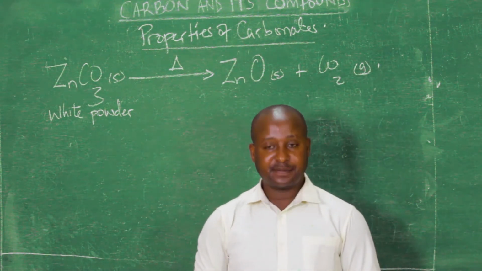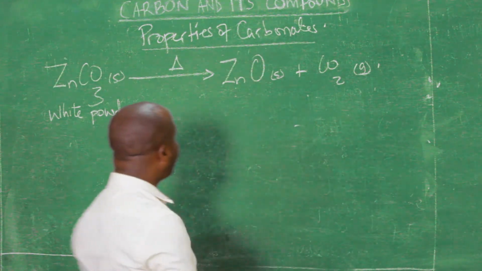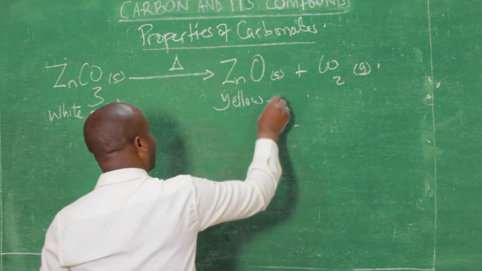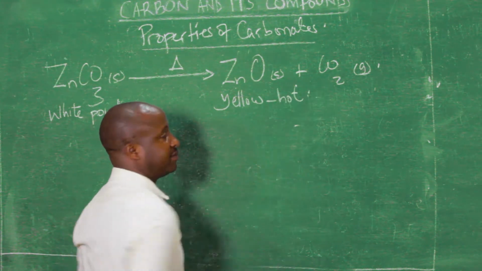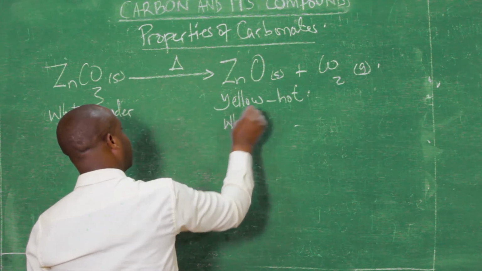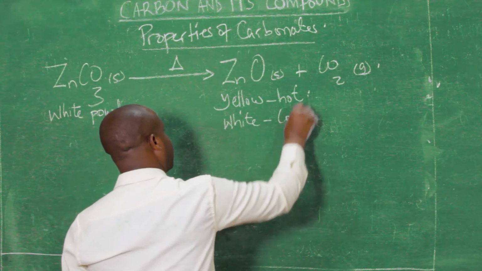Zinc oxide is yellow when hot, and it is white when cold.